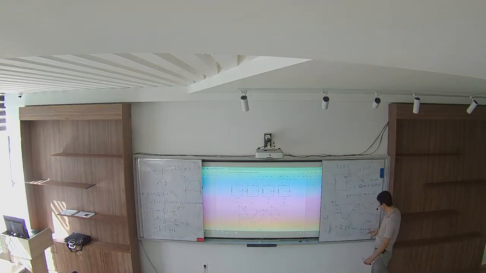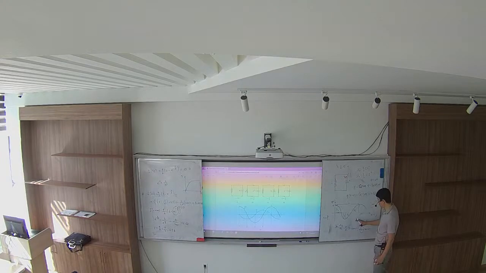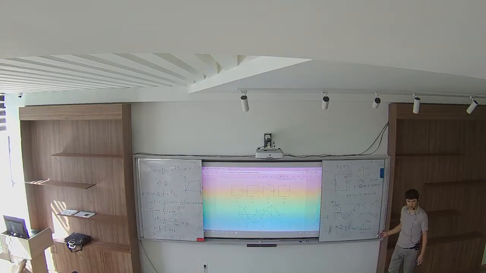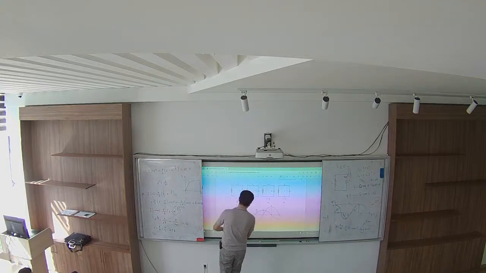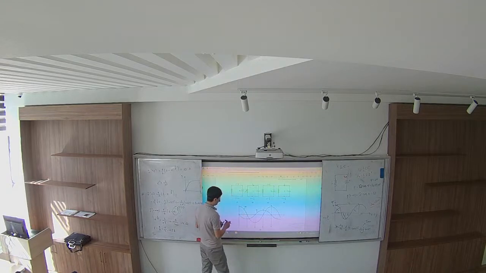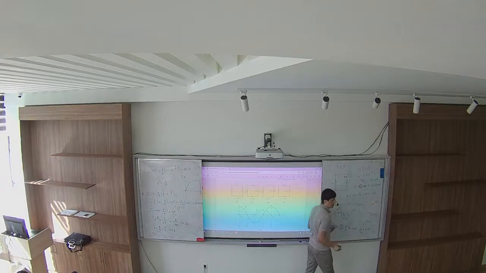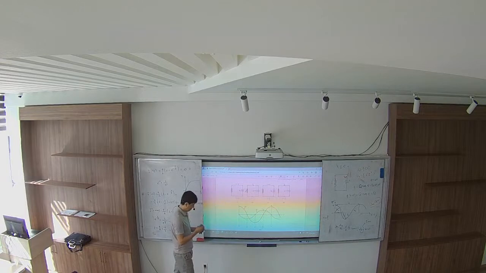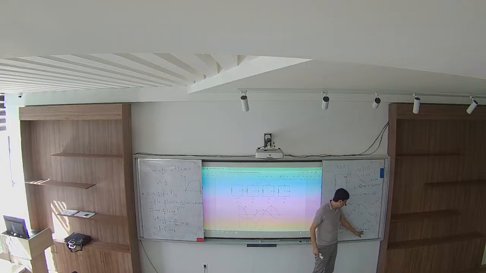Current as a function of time can be drawn as a sine function here. The current flows from 0 to some value, which is q times omega, because here we have minus q omega sine omega t.